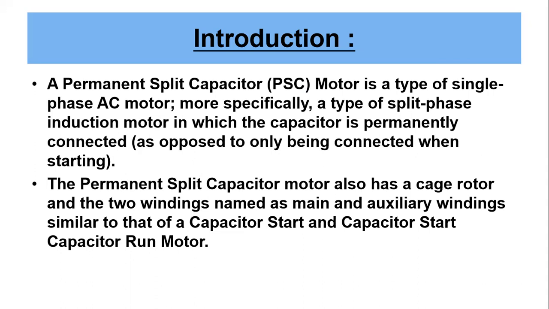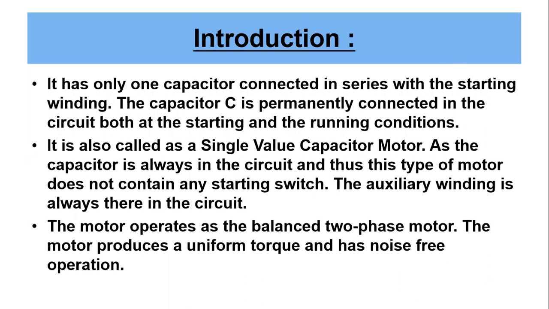The permanent split capacitor motor also has a cage rotor and two windings named as main and auxiliary windings, similar to that of a capacitor start and capacitor start run motor. Now it has only one capacitor connected in series with the starting winding.